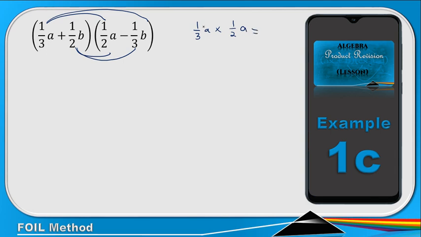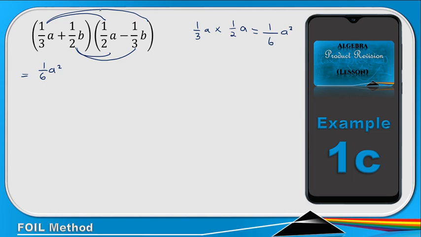So if I multiply, just going back to your primary school maths, multiplying these two fractions, when we multiply fractions, we have the numerators multiplied, 1 times 1 is 1, and we have the denominators, 3 times 2 is 6. And then our variables, a times a is just a squared. So that's all we have to do there. Now the first term is then 1 over 6a squared.